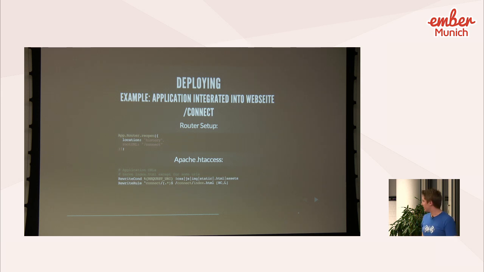The location history part is only for having nice and clean URLs, so your application looks like it is a server-side application inside your whole website. If you have to support those browsers, leave out that bit, and it will still work, but it won't look as nice.